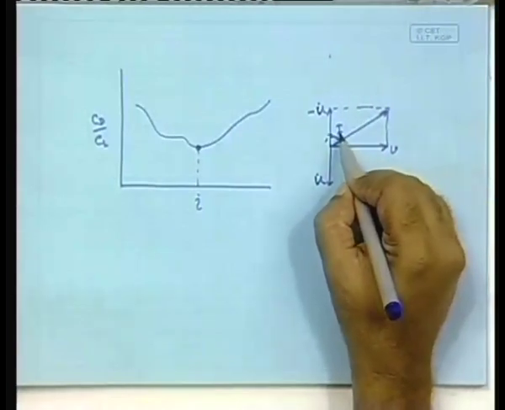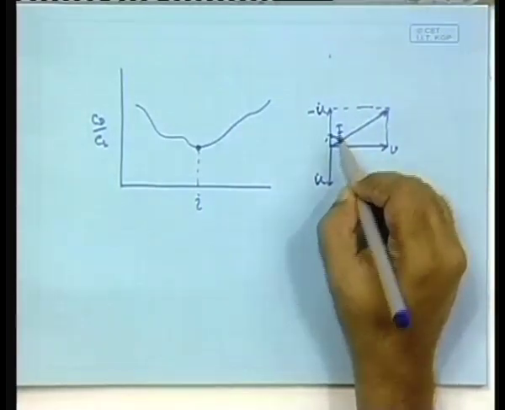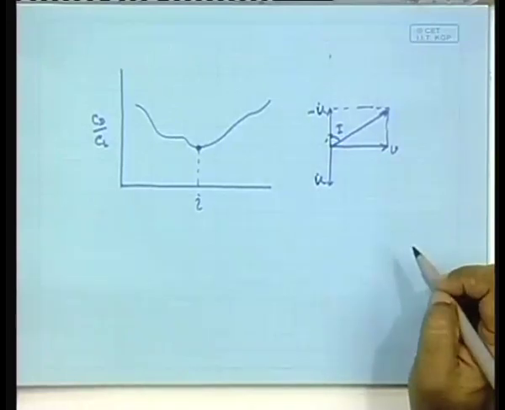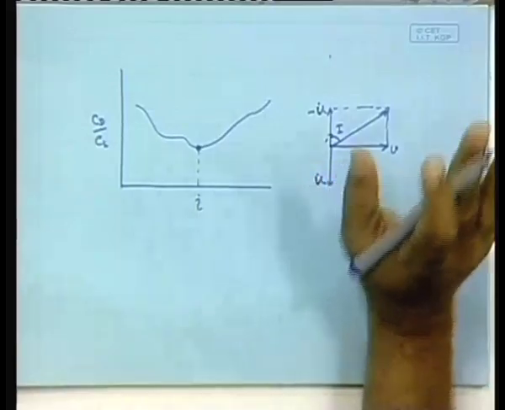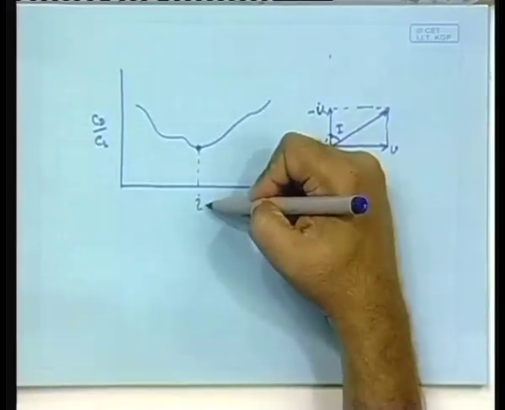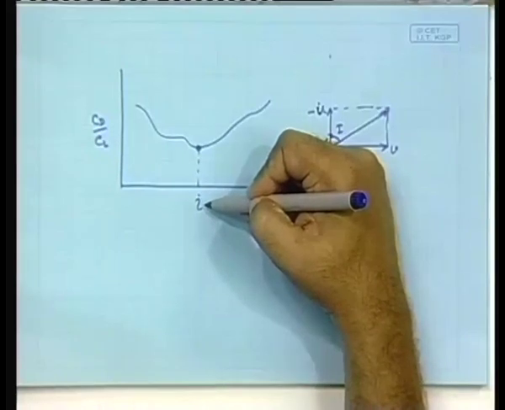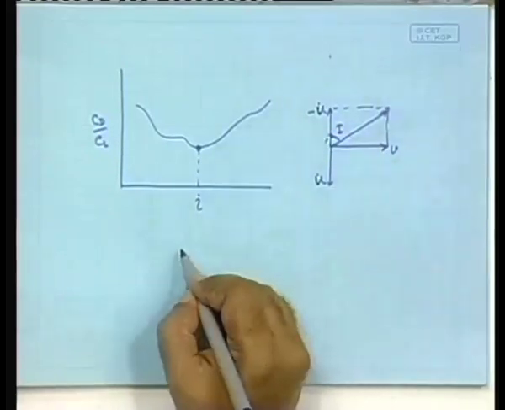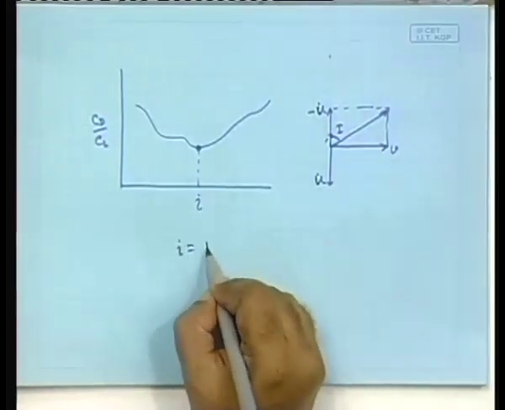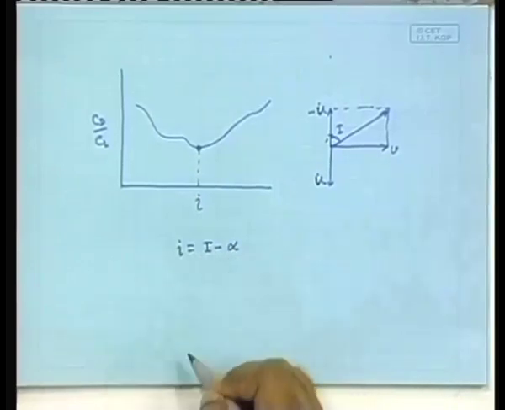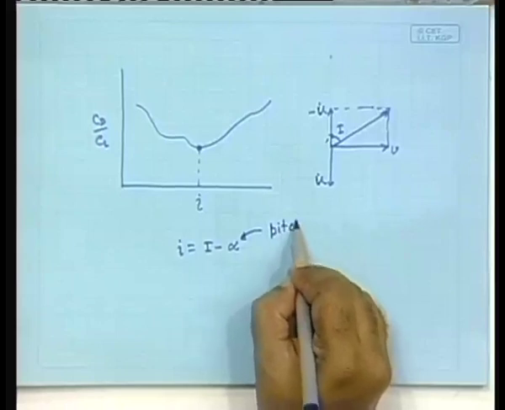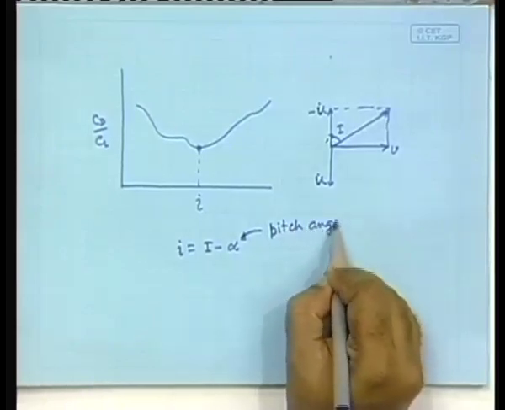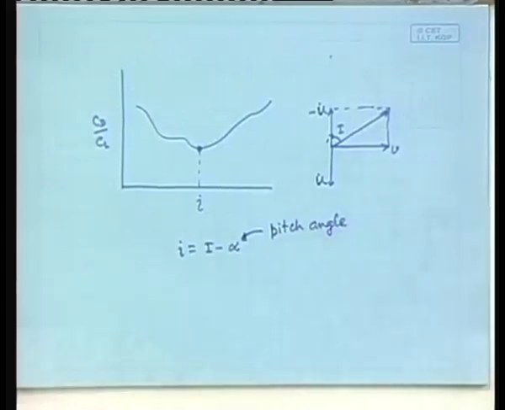So, you have the capital I, which will be different from the inner edge to the outer edge, but the small I, which is the angle of attack, you should at least make an attempt to keep constant at the optimal value. What does it mean? Since this is the pitch angle, this angle should be clear.